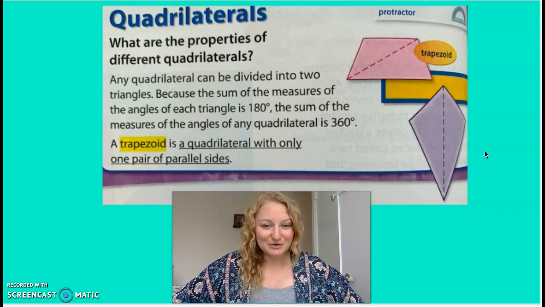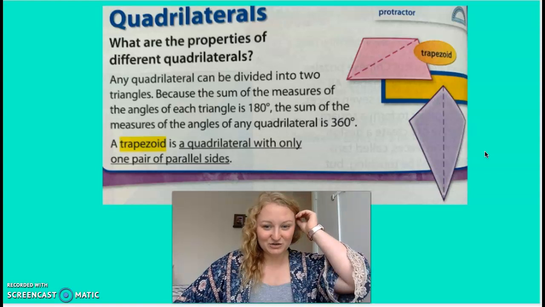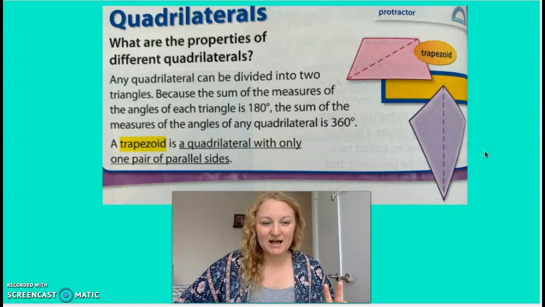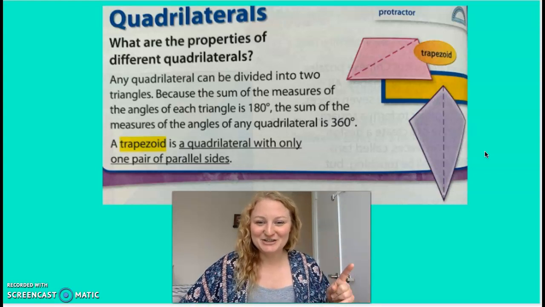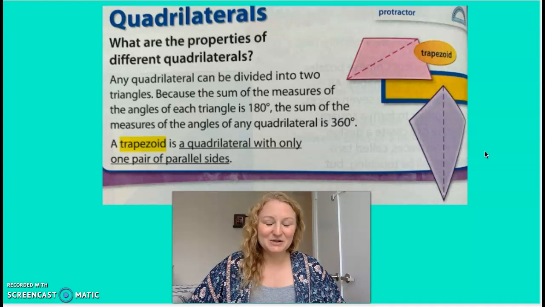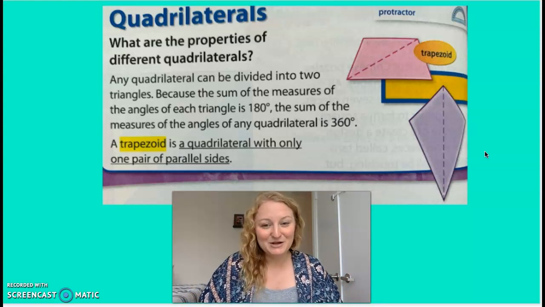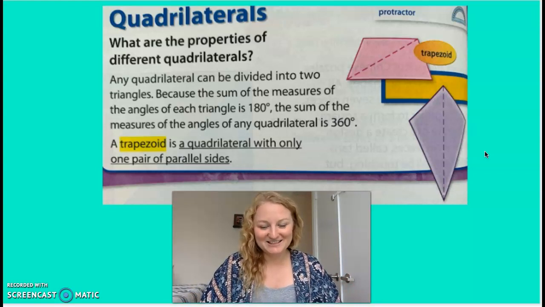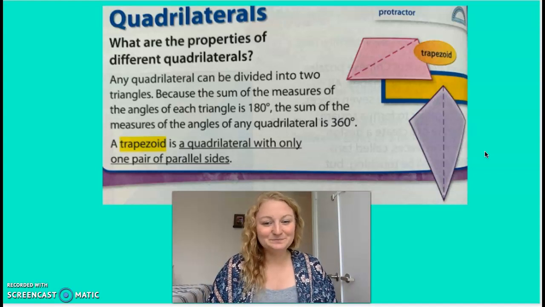That is what is important to know about interior angles. We're going to take a look at 5 more specific types of quadrilaterals and their characteristics. Again, it might be helpful to have your math binder nearby. You might want to jot down that all angles in a quadrilateral add up to 360 degrees.